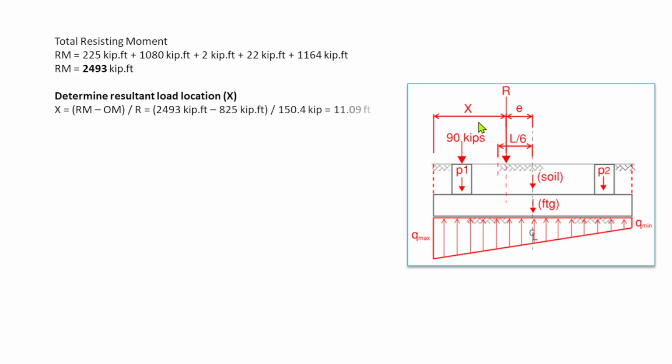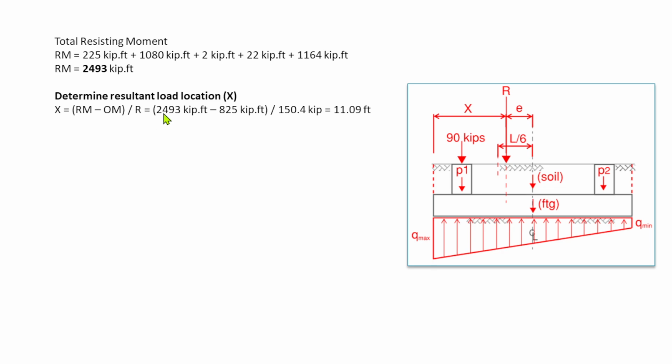So the X bar, the formula for calculating the X bar with reference to this line here, X bar to the resultant load, is resultant resisting moment minus overturning moment, all over resultant load.